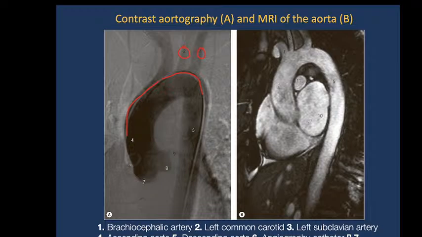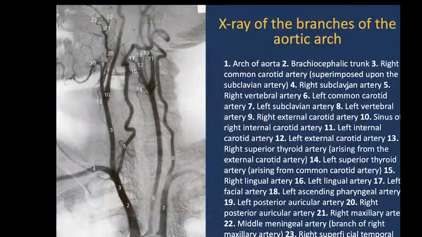Here number B is also a radiogram, but made by computed tomography. Good picture to show you the branches of large vessels of the aorta.